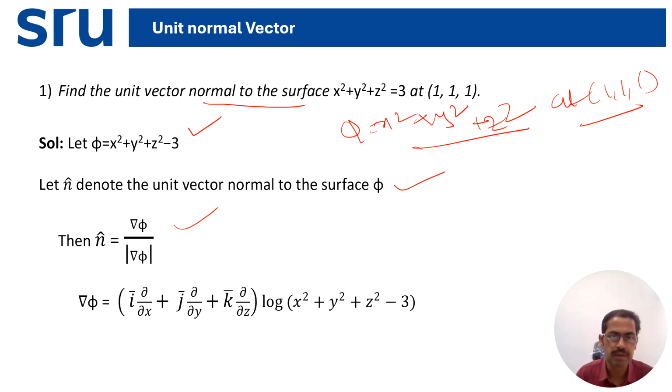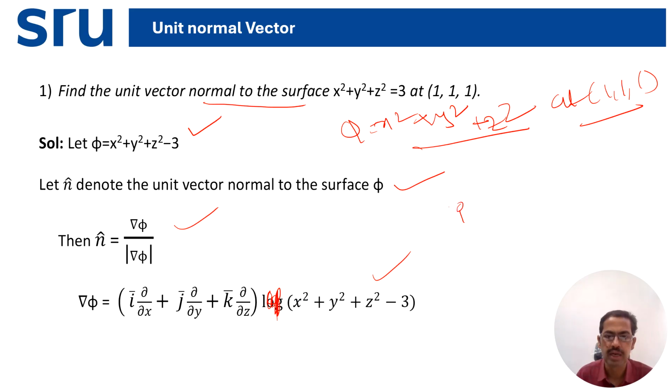Now what is del phi? First calculate del phi. Yes, the surface equation is x square plus y square plus z square minus 3.